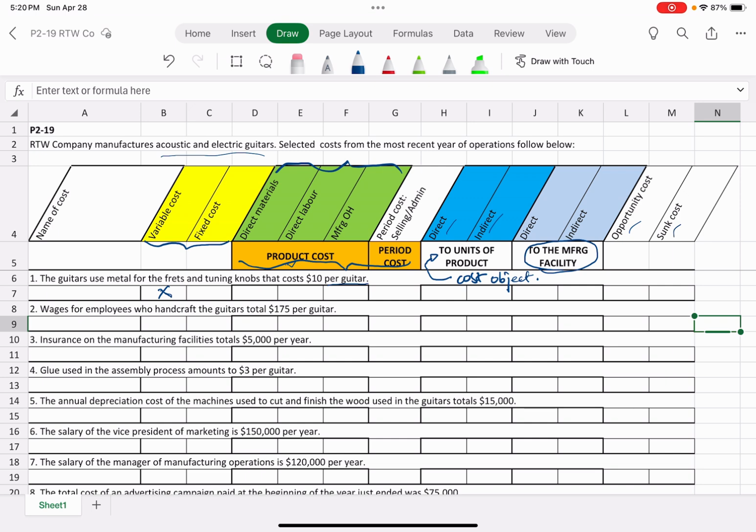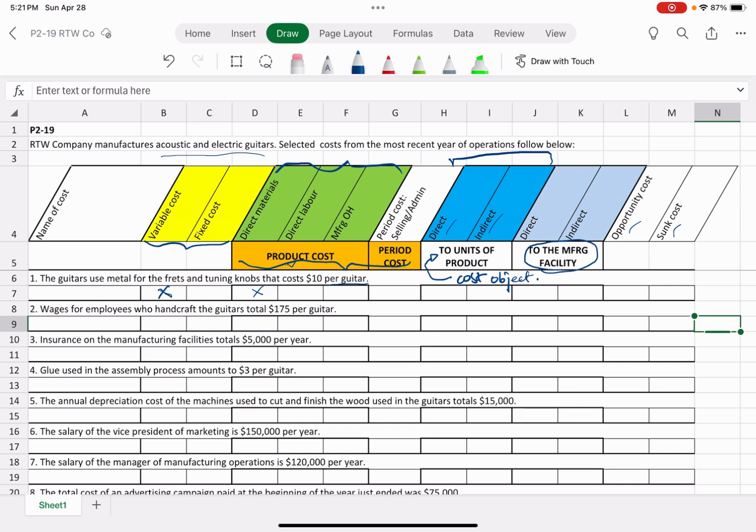Within the product cost, are we going to classify this cost as direct materials, direct labor, or manufacturing overhead? I think it's pretty obvious that it's materials because it's the metal that you use in the frets. Okay, next, we're going to look at this category. Is it direct or indirect to the units of product?